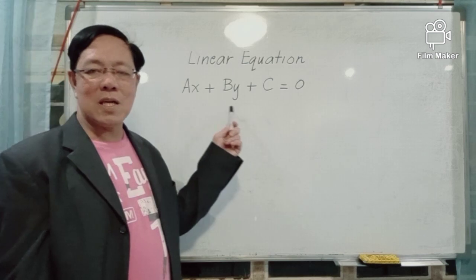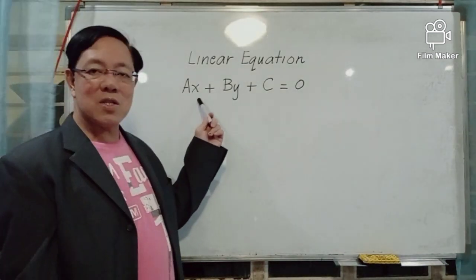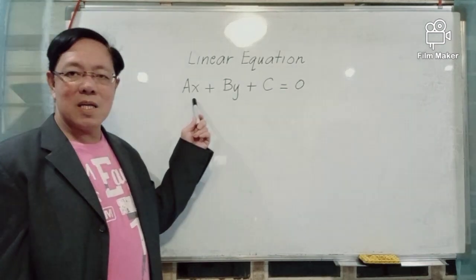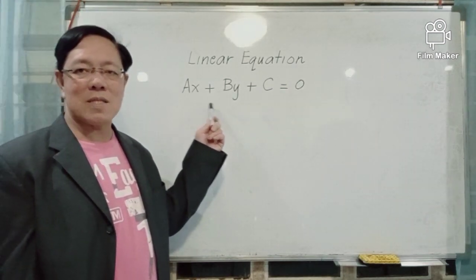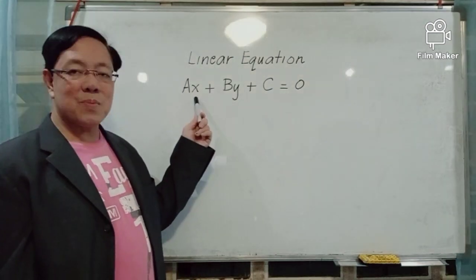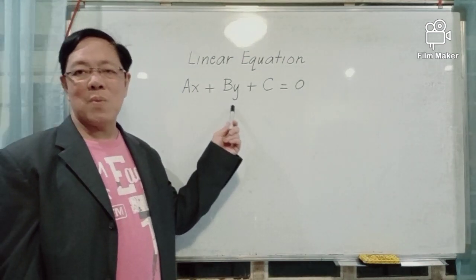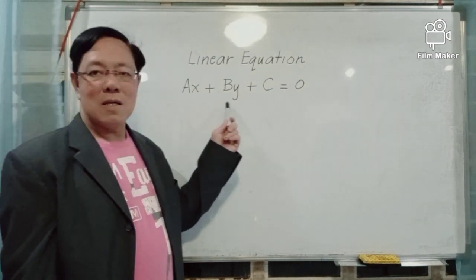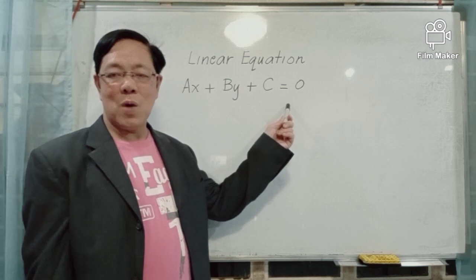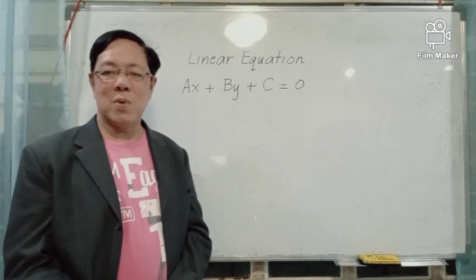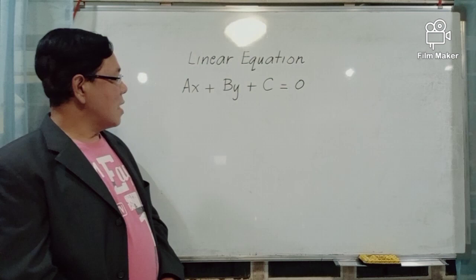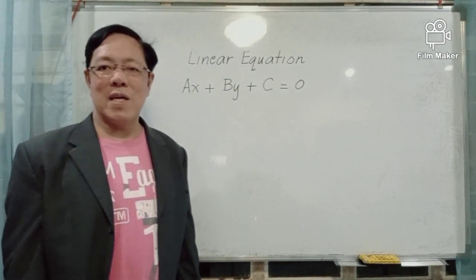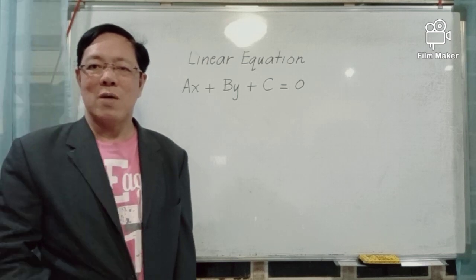Hence, this equation in the variables x and y is said to be linear in 2 variables x and y, because the exponent of each of the 2 variables is 1. Hence, this is an equation linear in 2 variables. And this is called the general form or standard form of a linear equation in 2 variables.